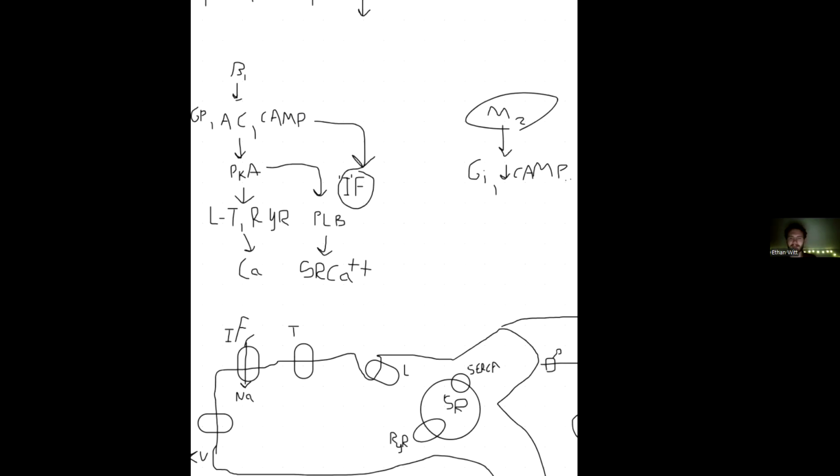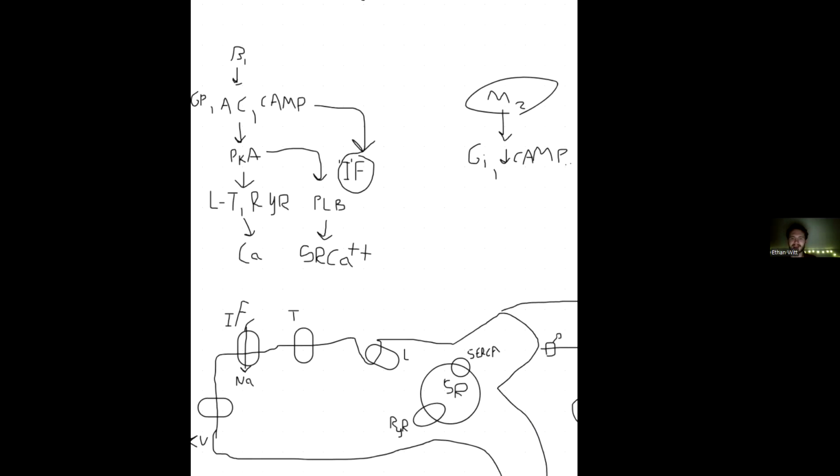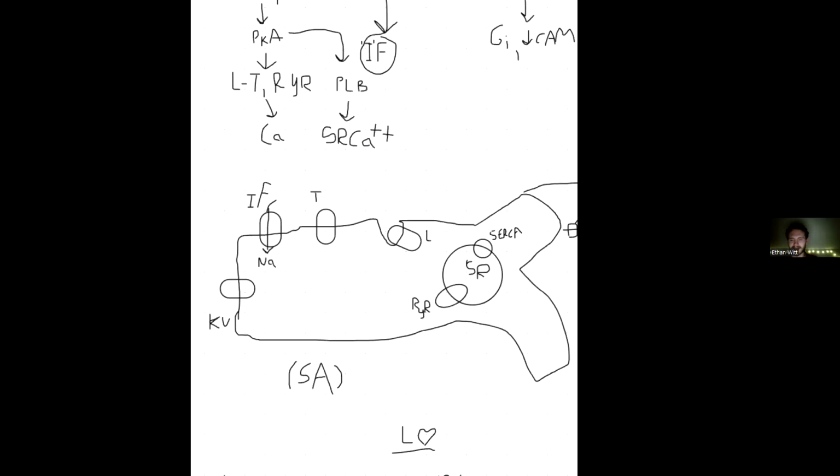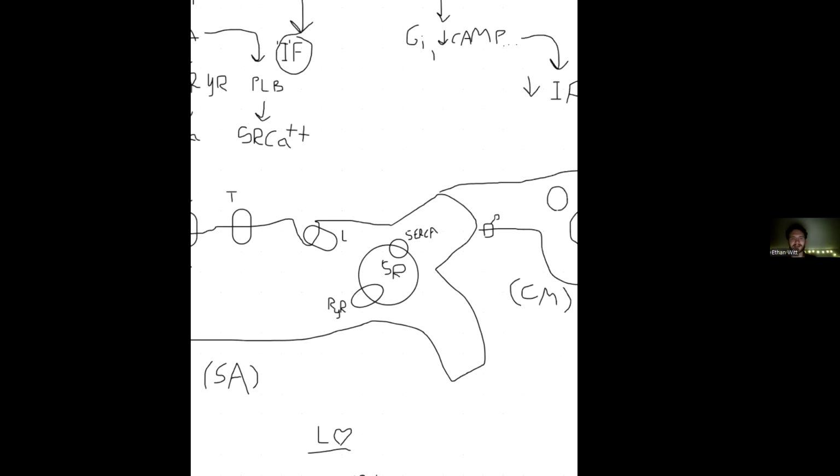We're not going to get calcium entering the cell nearly as much. And we're not going to get calcium activating this RYR channel on the sarcoplasmic reticulum to then propagate the signal to the next cell.